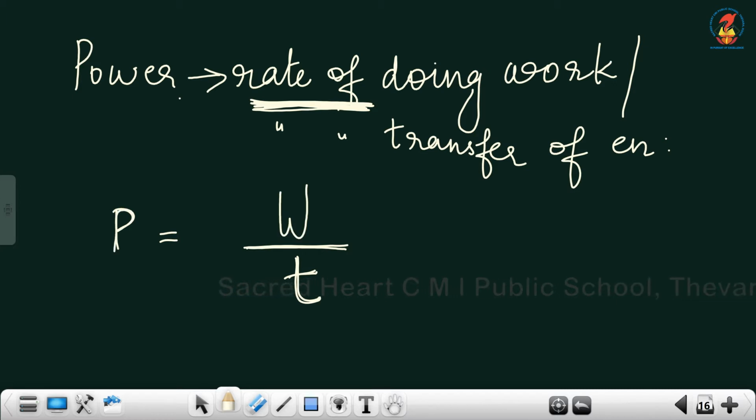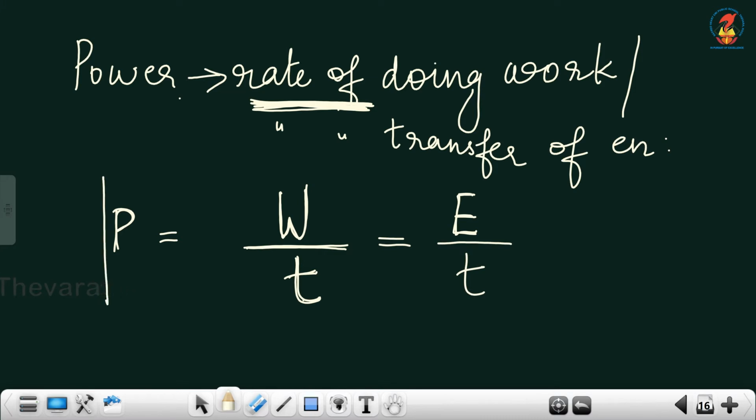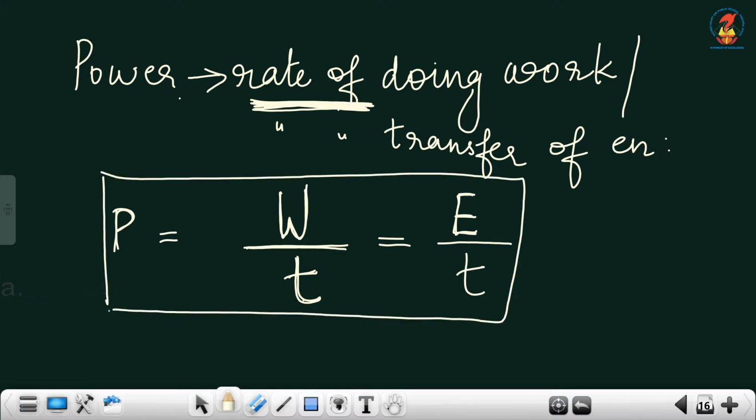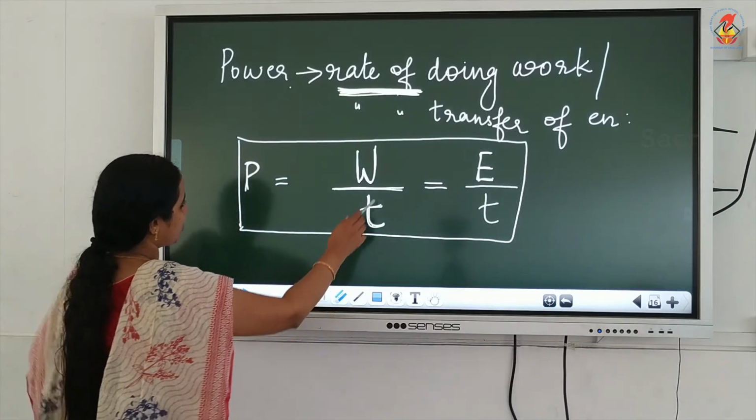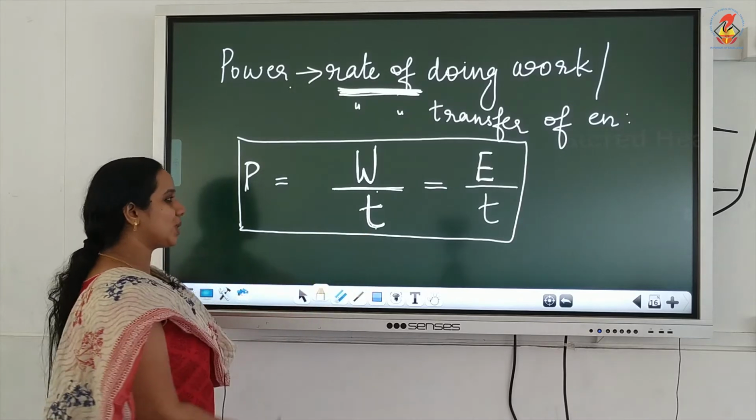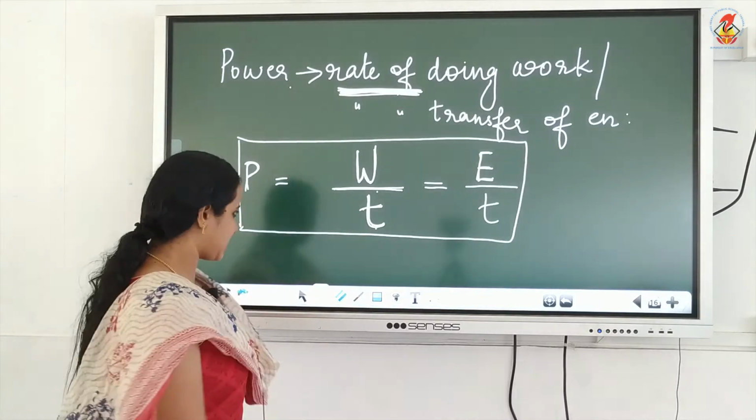So, power is W by T. We know that all the work done is stored in the form of energy. So, work done and energy are equivalent terms. So, instead of W, we can write E by T. This is the formula for power in terms of work and in terms of energy. P is equal to W by T. P is also equal to E by T.